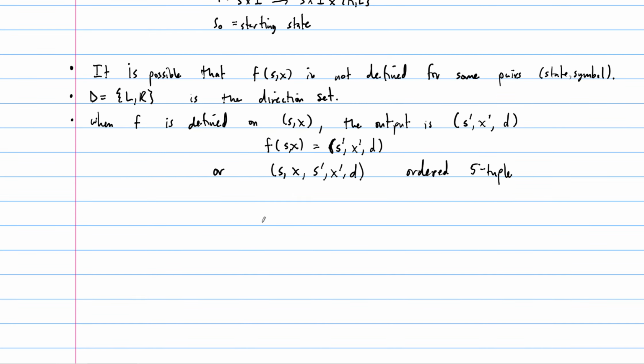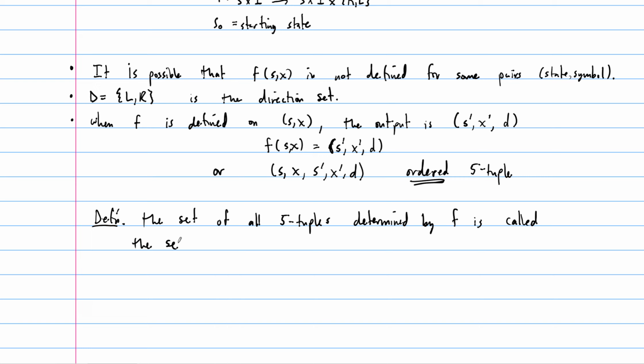So it describes the transition function, at least for this given input. Now, what we can do is take the set of all of these 5 tuples determined by f. We'll write this as a definition: the set of all ordered 5 tuples determined by this function f is called the set of transition rules, sometimes the "set of" is left out when you talk about it.